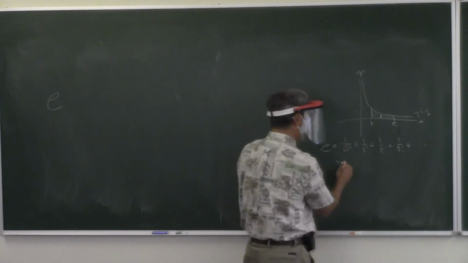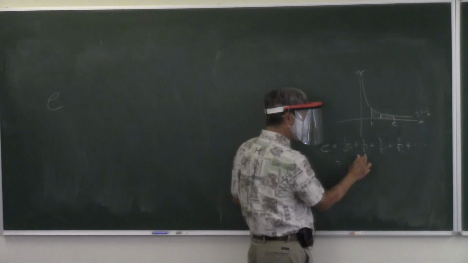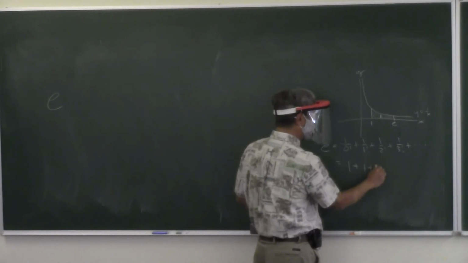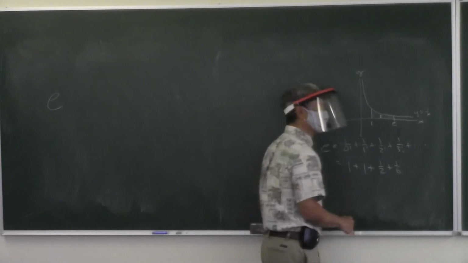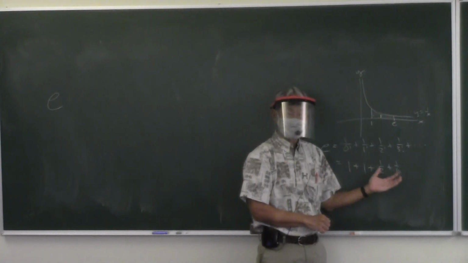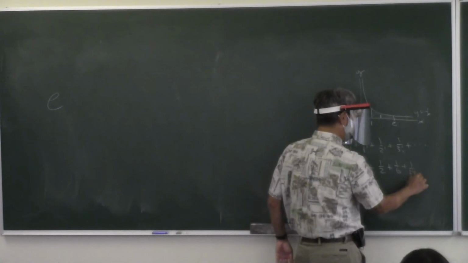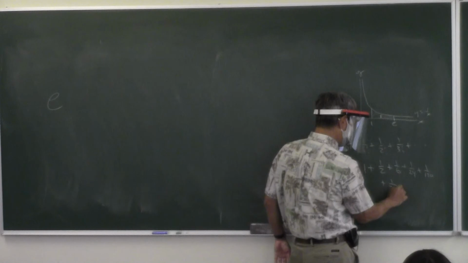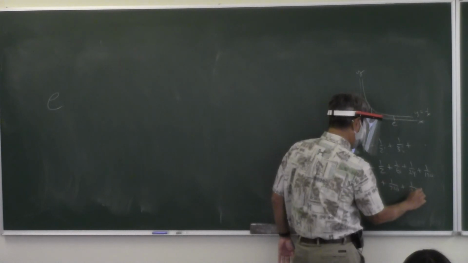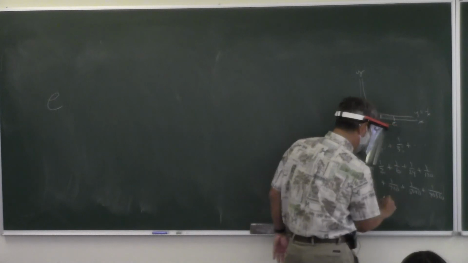What is 0 factorial again? 1, so that's 1. What is 1 factorial? 1. What is 2 factorial? What is 3 factorial? Come on, we just did binomial, so you know factorials, right? What is 4 factorial? 5 factorial. 6 factorial. 7 factorial. 8 factorial. 9 factorial.